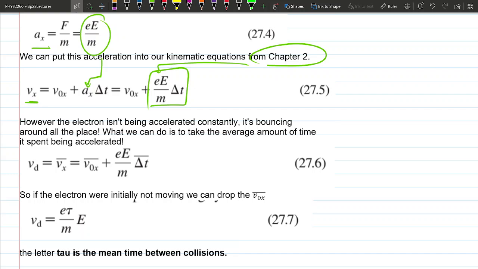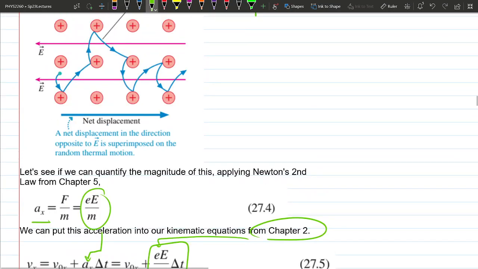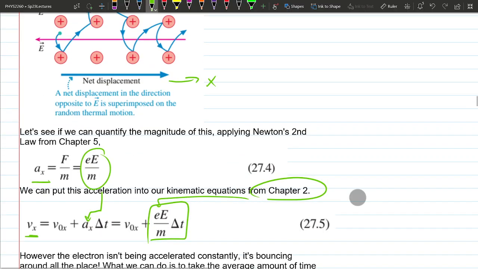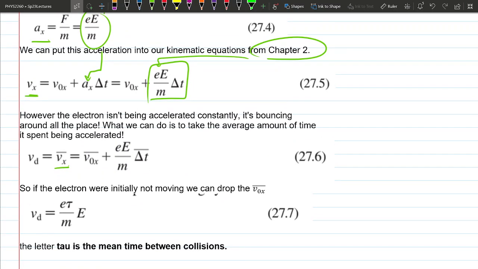And therefore, we can say that if we average the velocity of the electrons in the x direction, let's say we're just dealing with positive x direction motion, that's going to be the average amount of time that particular electron spent being accelerated.